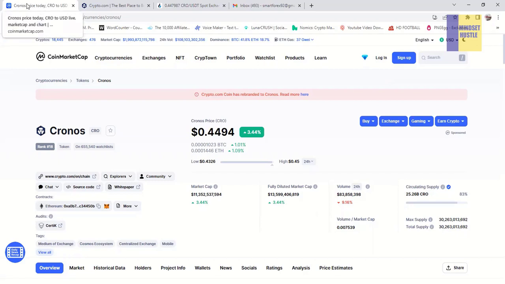I'll leave links to each and every site that I've talked about. On Coinmarketcap, there is something we call the diamond. I'll speak about it and I'll teach you how you can use the diamonds that you collect to get more NFTs, free NFTs. I'll teach you what to do.